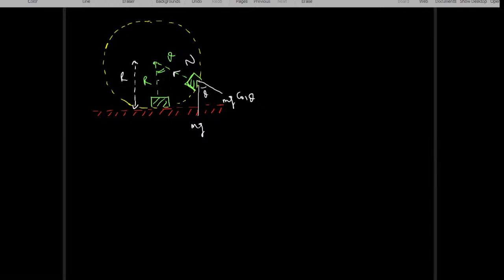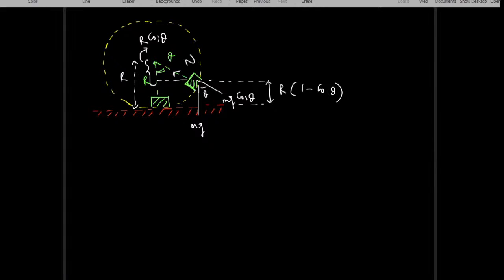If I drop a perpendicular here, then this length is r cos theta. It's very simple trigonometry. So this height from the ground is r into 1 minus cos theta.